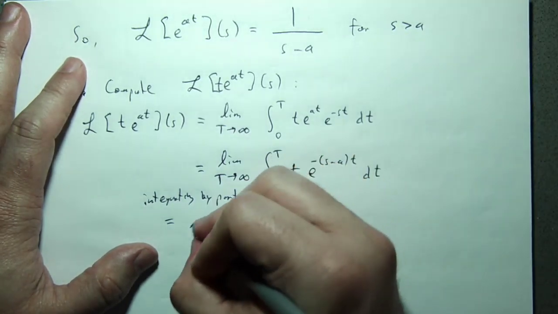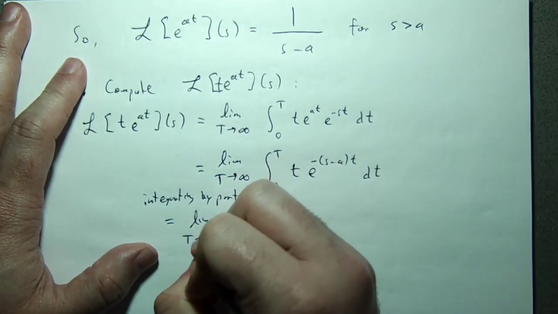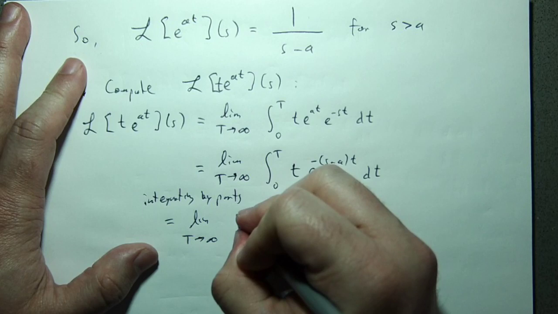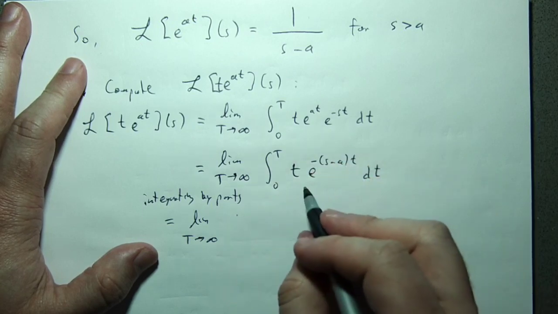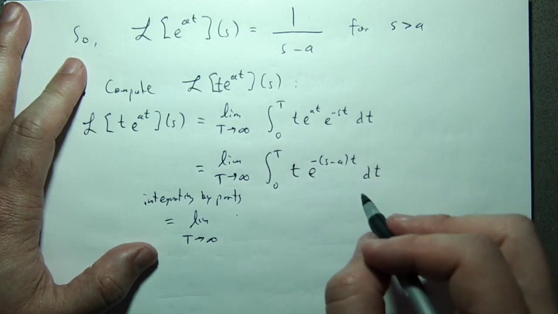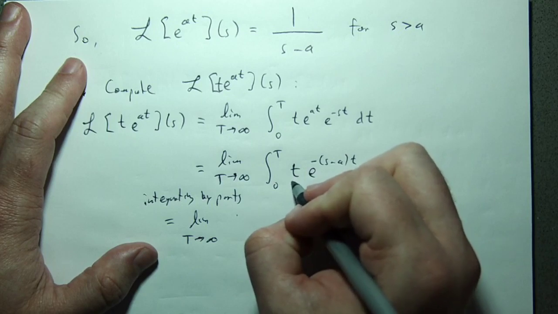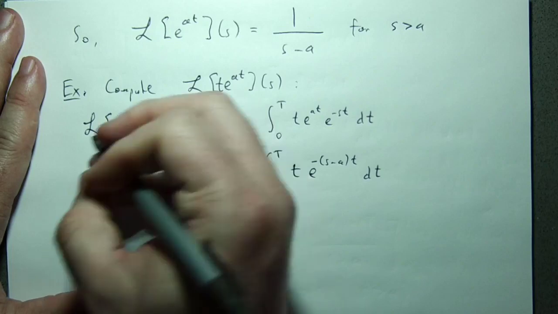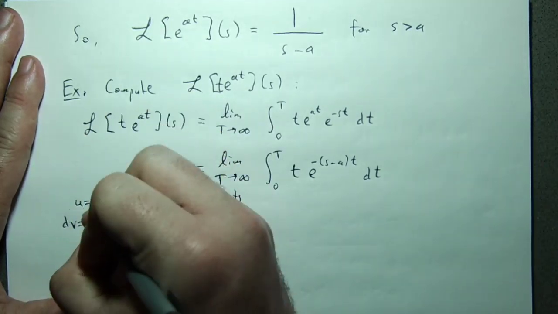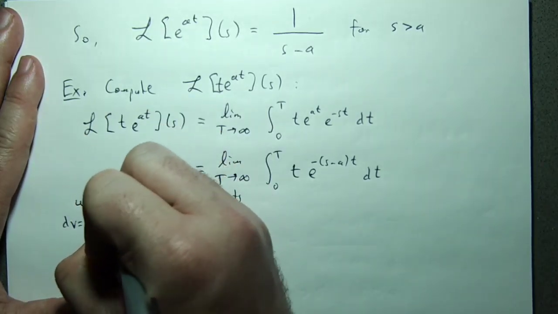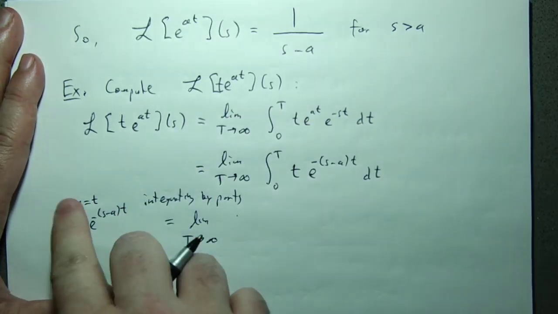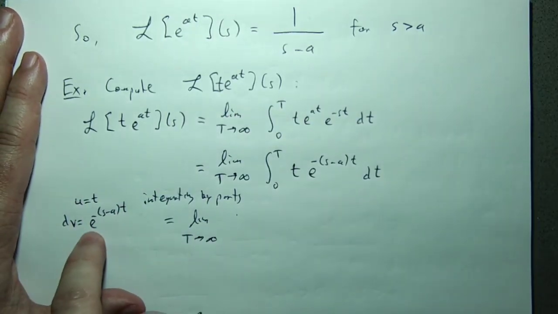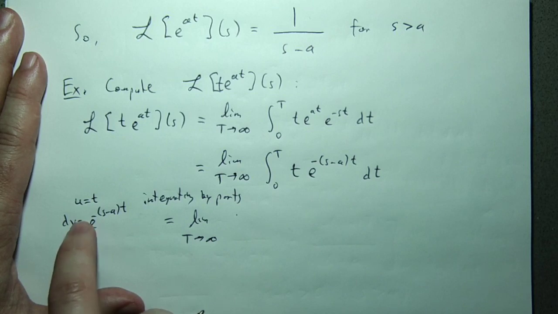So this is the limit as big T goes to infinity of, if u is t and dv is e to the minus s minus a t, you have uv. v is going to be minus 1 over s minus a.